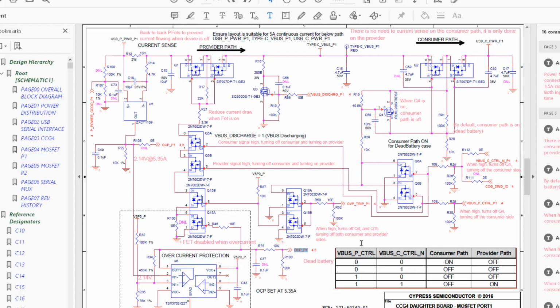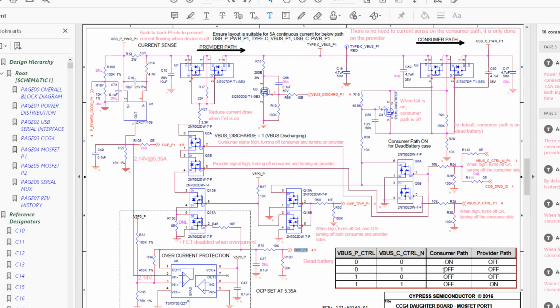All right. Now, default case, so there are two controlling signals here, VBUS C consumer control and VBUS P provider control. So these two pins are used to control whether you're consumer or provider. In the case where they're both 0, let's say you've started up and you decide to be both 0, the consumer path is on.